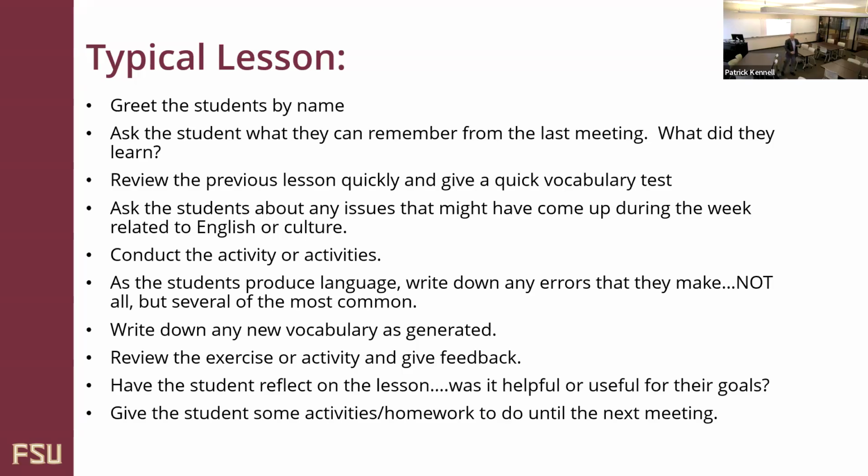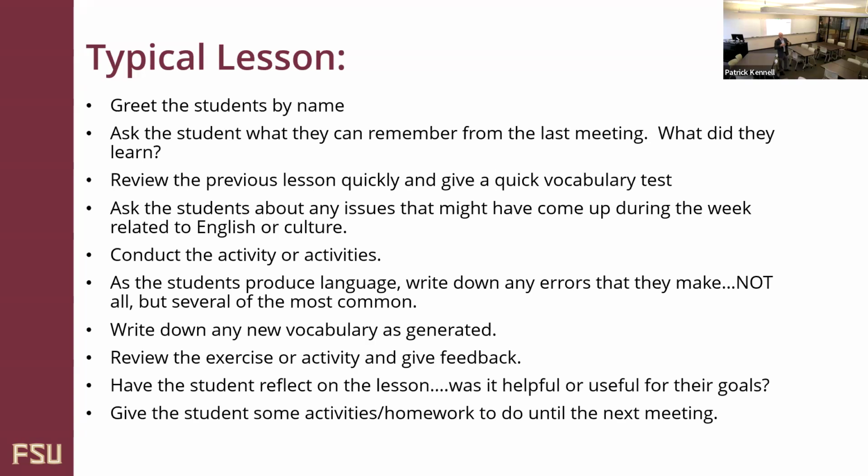So you write down the errors and then you review them. Write down the vocabulary and then give feedback. And then again, be honest with them. Hey, what did you all think about the lesson? Was this useful? Why or why not? Would you like to do more of this type of exercise or not?